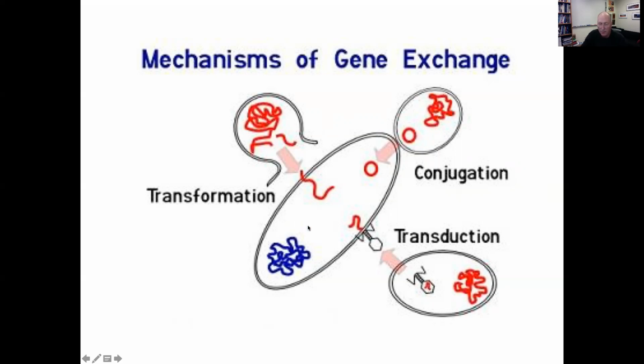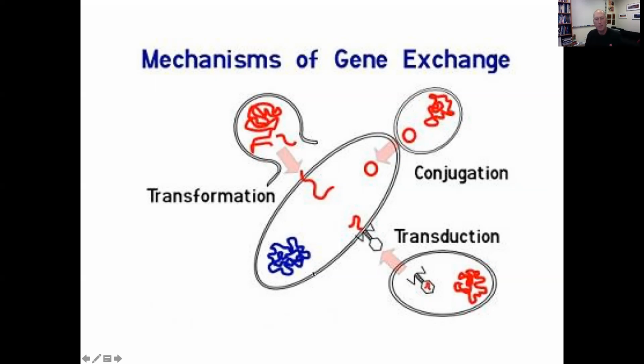won't kill this cell. Transformation is when this cell takes up a piece of free DNA from the outside, shown here as a lysed cell, because it had to come from some cell originally, right? But it didn't come directly, it wasn't delivered by an intact cell into this cell. It was free DNA at the time that it was picked up, okay?